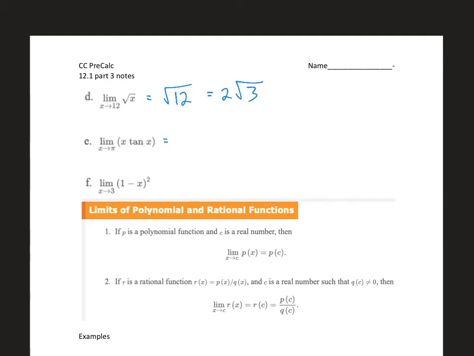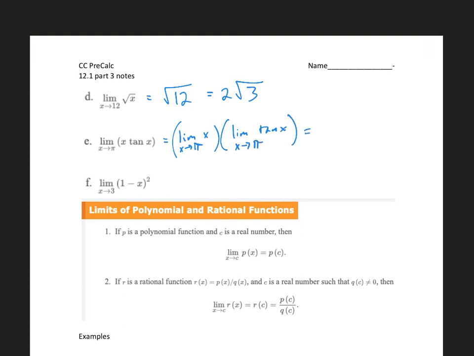Part E, the limit of x times tangent x as x approaches pi. So in this example, we're actually going to use two properties at the same time. Actually, we're just going to use the product property. So that's really saying the limit of x as x approaches pi times the limit of tangent of x as x also approaches pi.